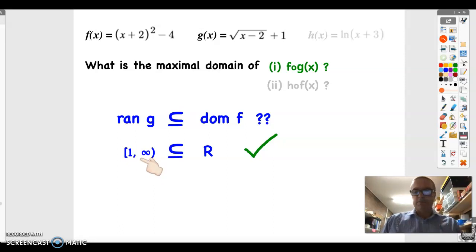So all real numbers from 1 to infinity. That is obviously a subset of all the real numbers, full stop. So we've satisfied this condition, and we can say that the composite function f of g is defined for the implied domains of f and g.